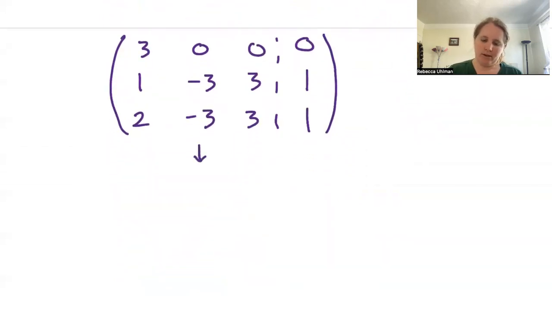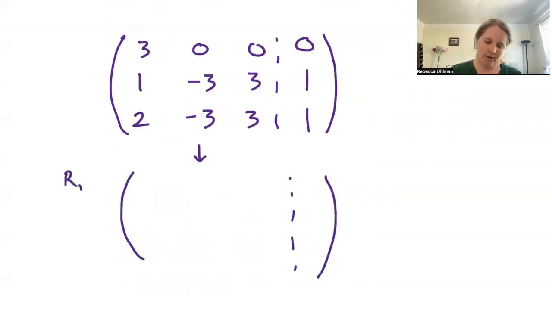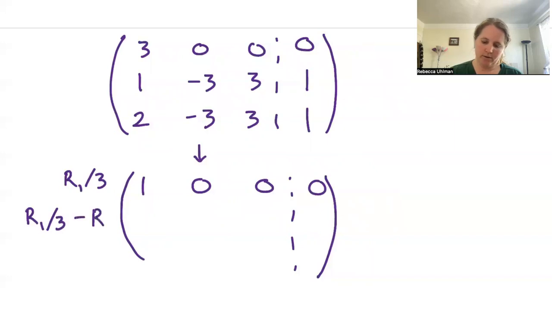So if we reduce this, if we do row 1 divided by 3, again, we are looking at 1, 0, 0, 0. If we do row 1 divided by 3 and then subtract off row 2, we are looking at 1 minus 1 is 0. 0 minus -3 is 3. 0 minus 3 is -3.